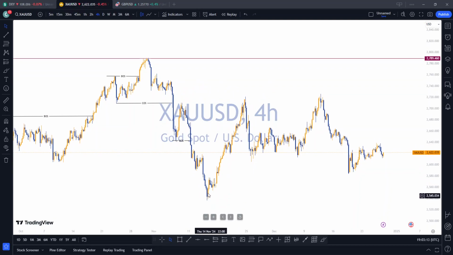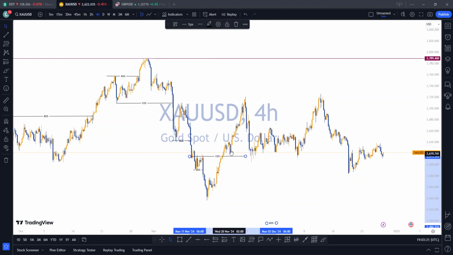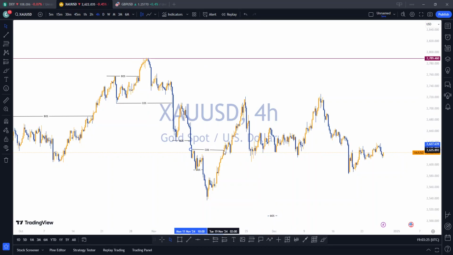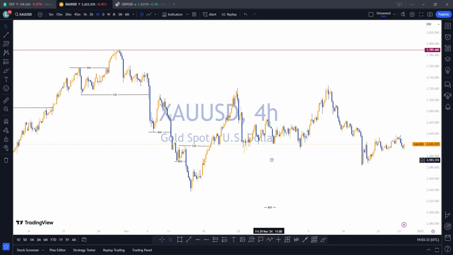You can see it break structure right here too. Then we had a change of character right here. Either there or, yeah, I think this right here is valid. That's why I had a change of character.